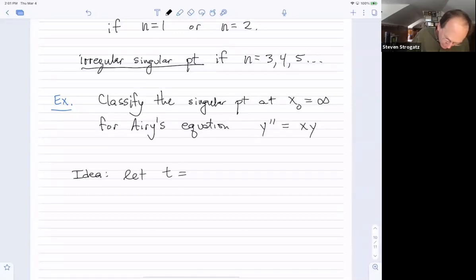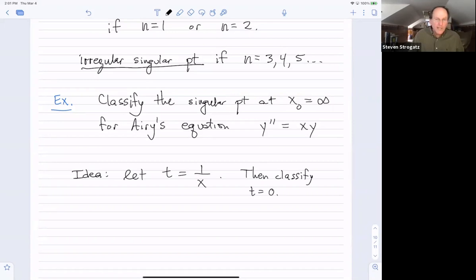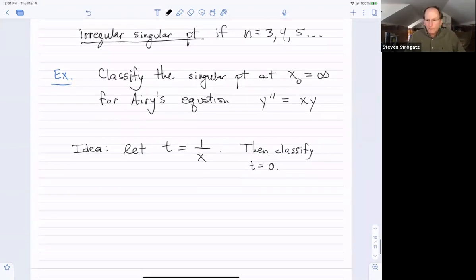So the standard move is bring infinity into the origin by saying let t equals 1 over x, and then classify t equals 0. And that'll give you the nature of the singular point at x equals infinity.